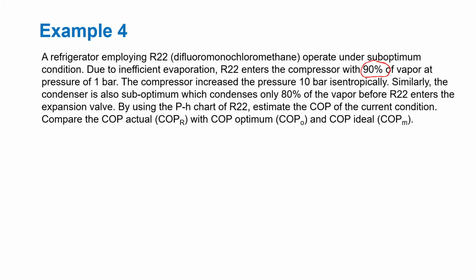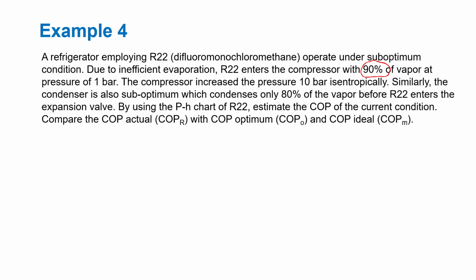Look, it's 90% vapor at 1 bar. In a normal refrigerator, when the refrigerant enters the compressor, normally it's saturated vapor. Saturated vapor means 100% vapor at the corresponding boiling point of the refrigerant. But in this case, because of inefficiency, it's not 100%, it's just 90% vapor.